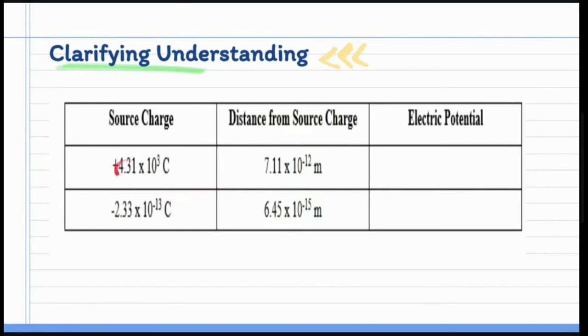We have two source charges: positive 4.3 times 10 to the 3 coulombs, separated by a distance of 7.11 times 10 to the negative 12 meters, and negative 2.33 times 10 to the negative 13 coulombs, with a distance of 6.45 times 10 to the negative 15 meters. So, what is the electric potential of the source charges?